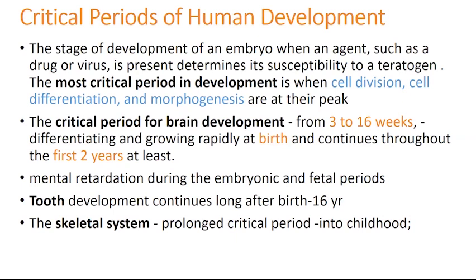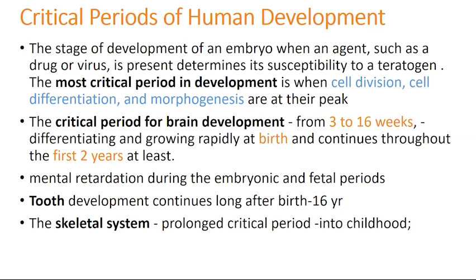Skeletal system has a prolonged critical period into childhood. So brain development has a long critical time period that can be affected. The tooth development, the skeletal system, and the majority of the organs of the body have a critical time period, and that is cell division, cell differentiation, and morphogenesis.